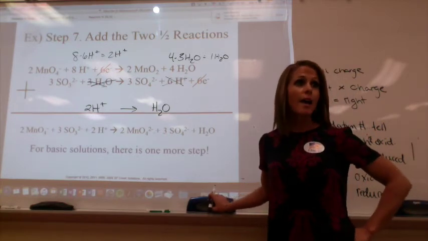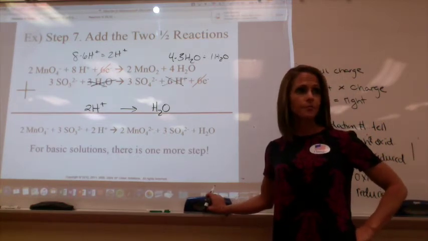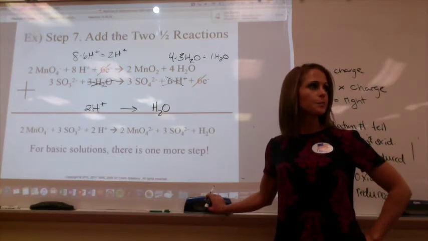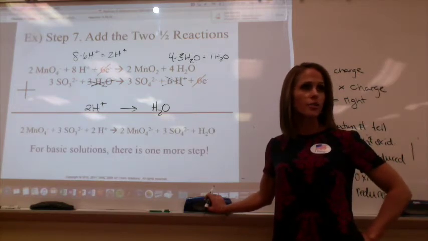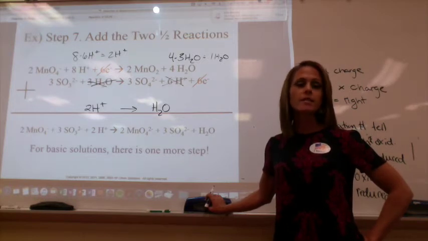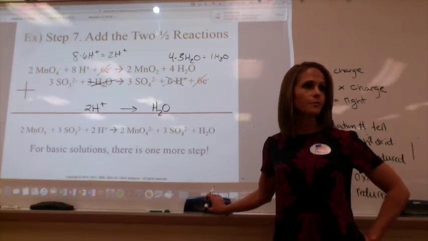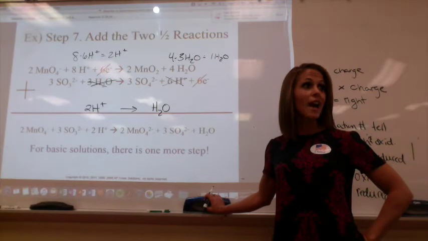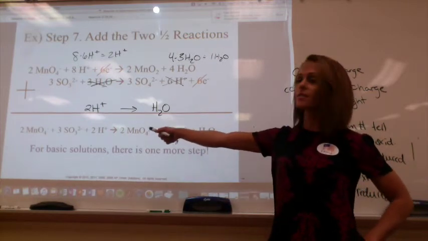So if this were the acid solution, we would be done. We would stop. We would check our charge, we would check our atoms, and we would confirm that we're correct or not correct. But when it says base, we have to do one more thing. So what do we say? Bases always have what? OH. Acids have H+. See how this has H+ in it?